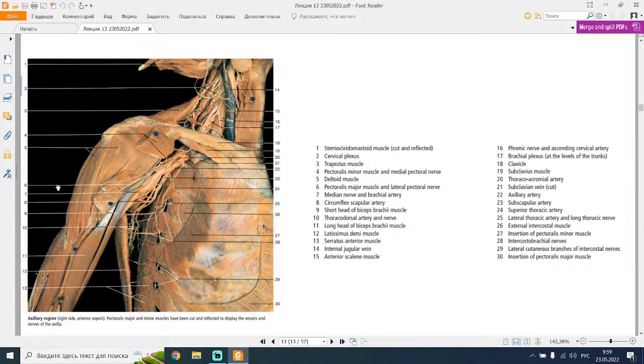Next picture: you see arteria axillaris, arteria subscapularis, arteria thoraco-dorsalis, arteria thoracica lateralis.